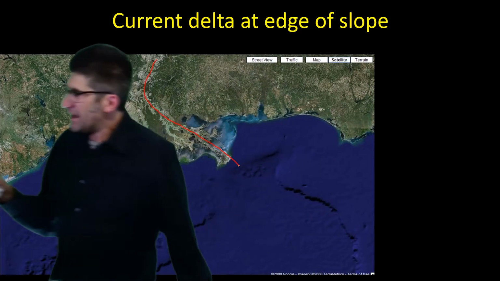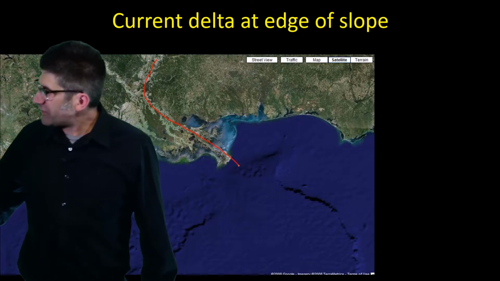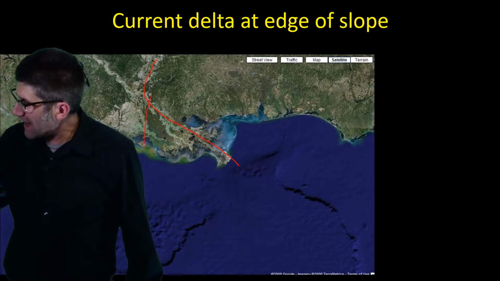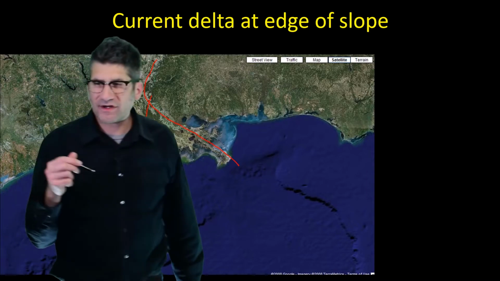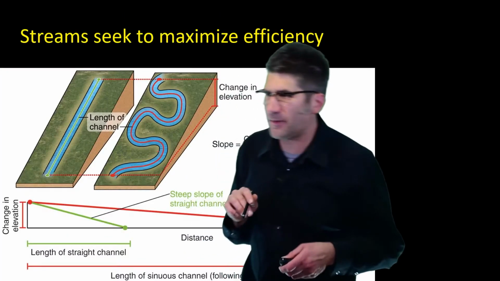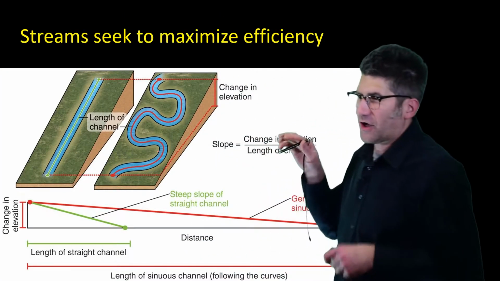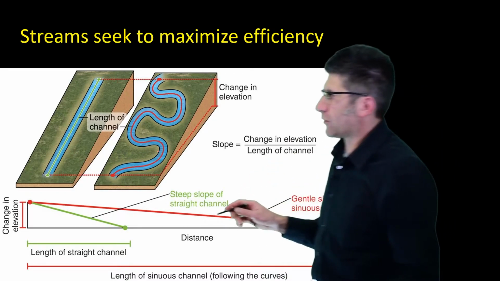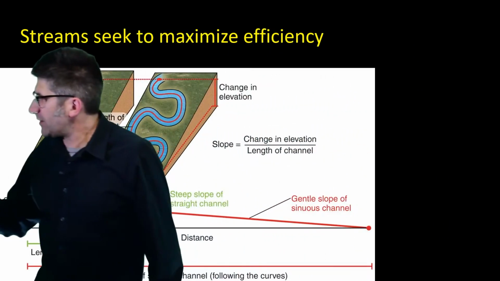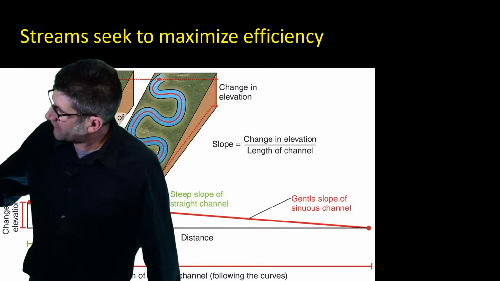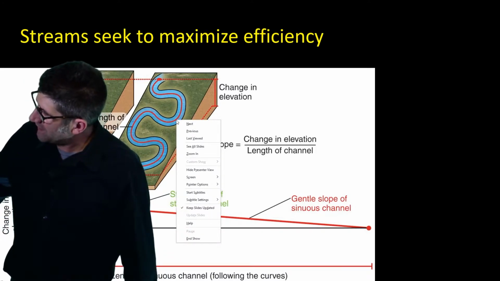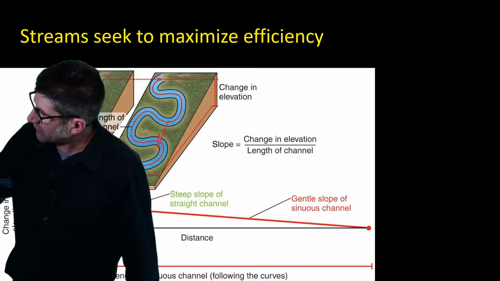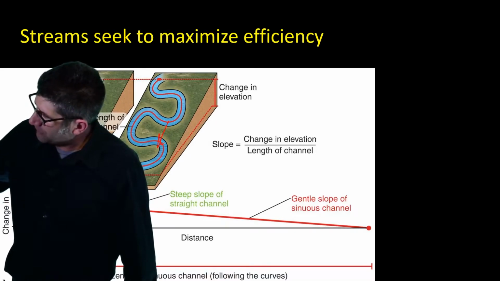And so because of that, if the Mississippi River can find a shorter path to the ocean, it's going to want to take that path. It's going to want to maximize its energy loss so that it dumps out more quickly. Streams seek to maximize efficiency, and this is the same reason why eventually meander necks will get cut across as streams try to straighten and find those steeper routes.